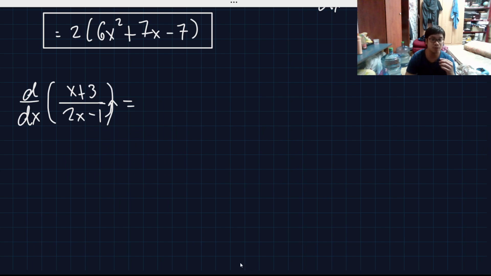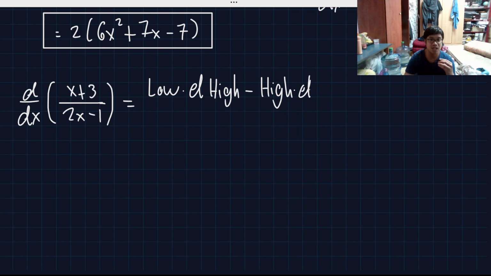So in the quotient rule, there's actually this formula that my professor taught us, which is low times d high minus high times d low, all over low squared. What does it mean?